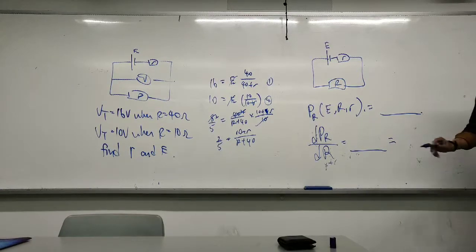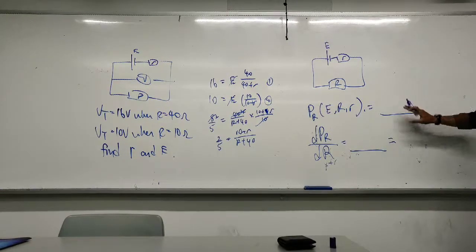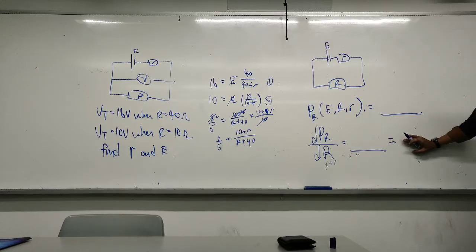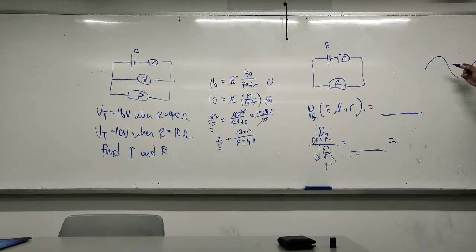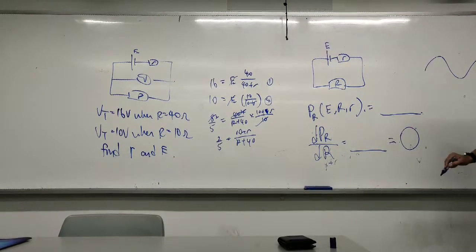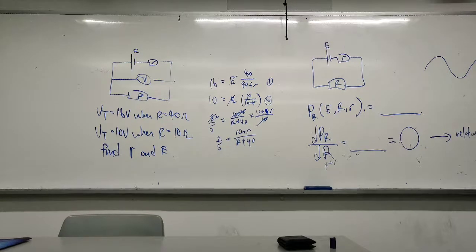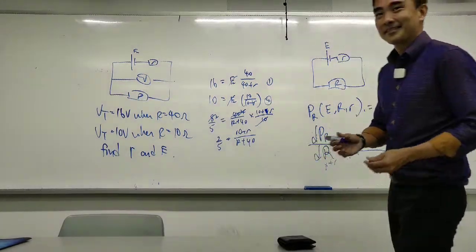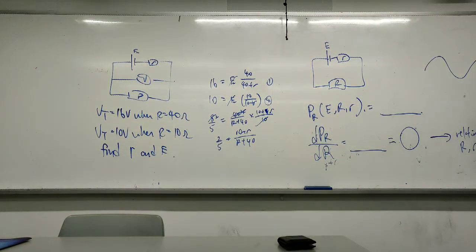In any graph, obviously this is going to be a curve. So in any curve, what is of interest? You need to differentiate. Any curve. Tell me, what are the points of interest? Highest, lowest, minimum. Exactly, turning points, right? Then you find a relationship between r and R. Okay? Give me a try. You find something.